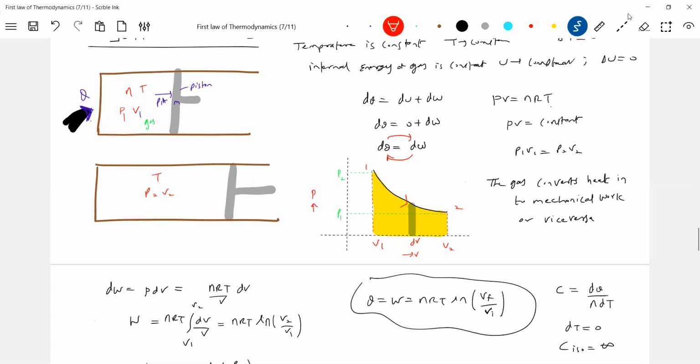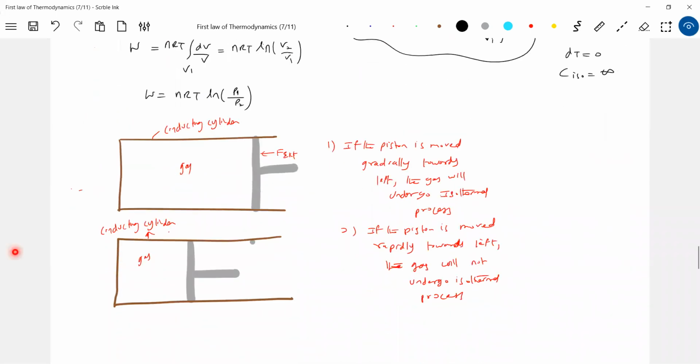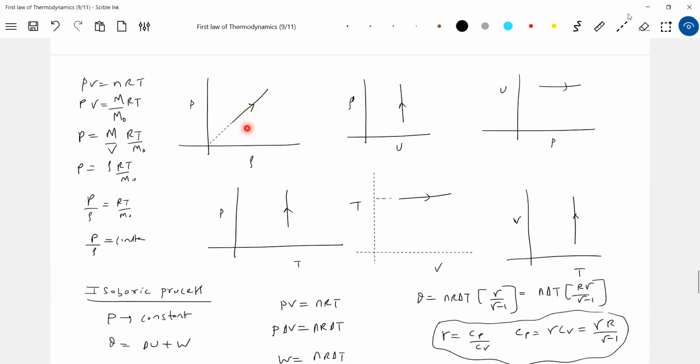Fine. These are the ways in which a student should always keep the background in mind. Here, what is actually going on? You have a cylinder and there is a piston.